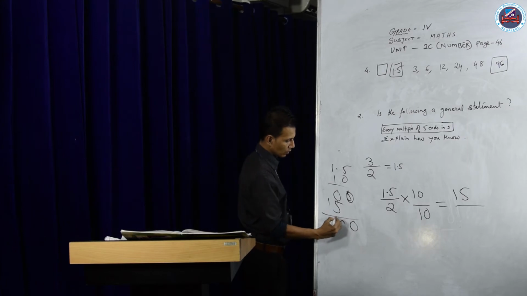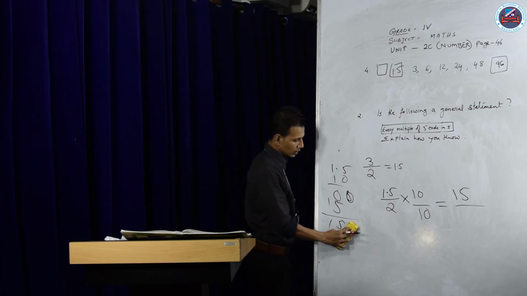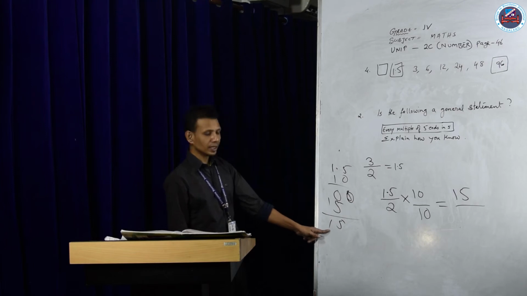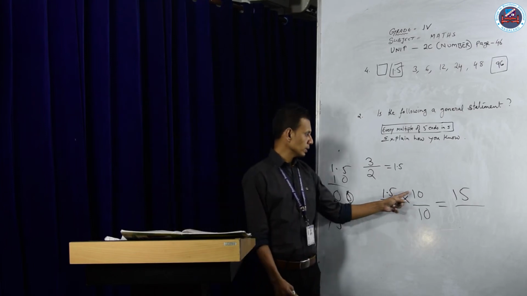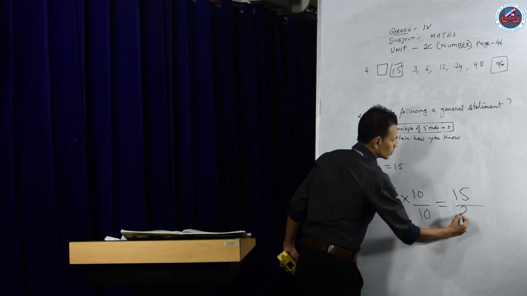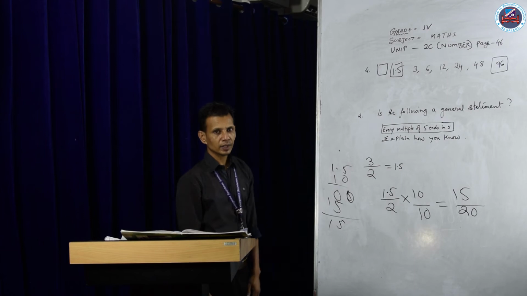So 15. One digit after the decimal, one digit decimal. After the decimal, if it is 0, we just ignore it. What do you see here? 15. So when you multiply the 2, 2 times 10 is 20. Can you see there is no decimal?